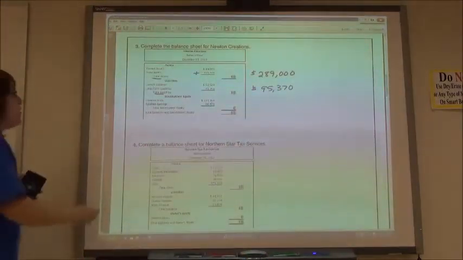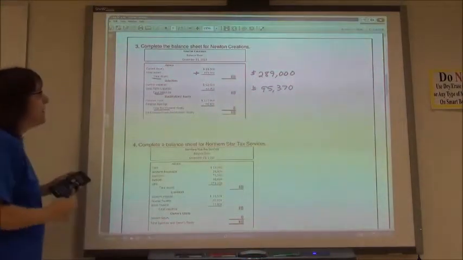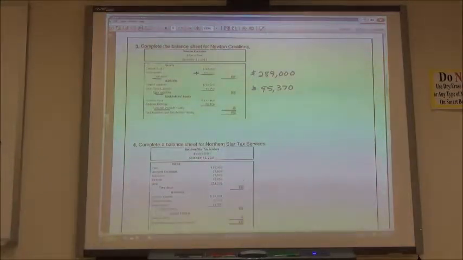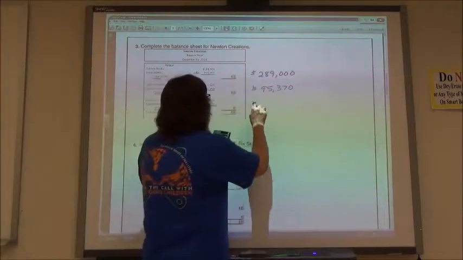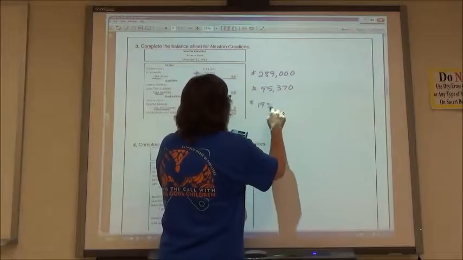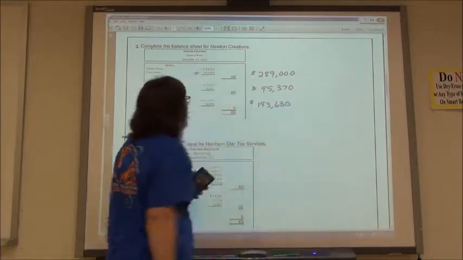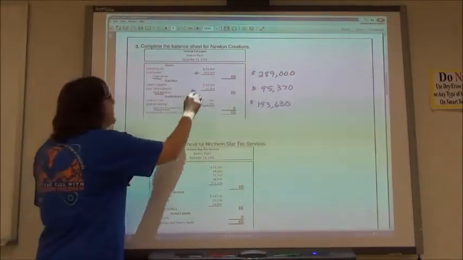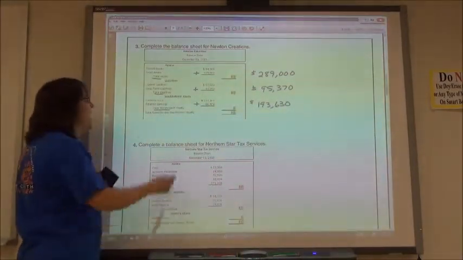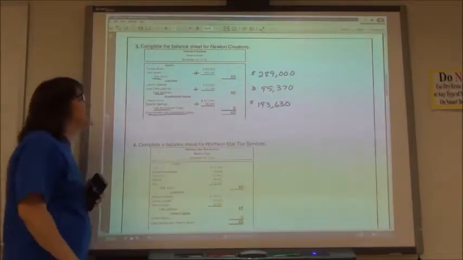Then I'm going to find the total stockholders' equity. So I have common stock of $127,160 plus retained earnings of $66,470. So my stockholders' equity, $193,630. I'm then going to find the total liabilities and stockholder equity.